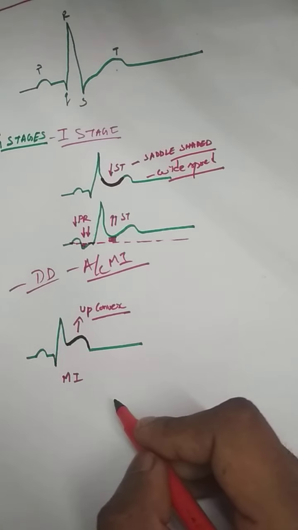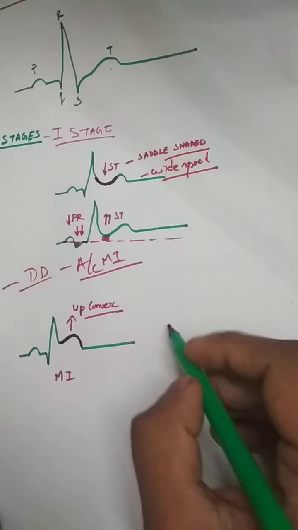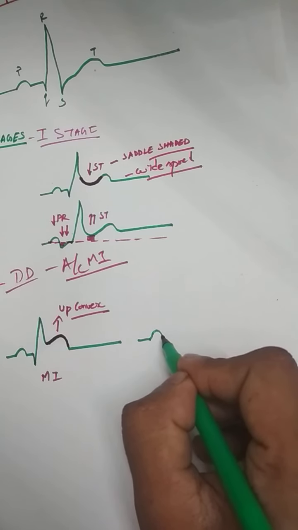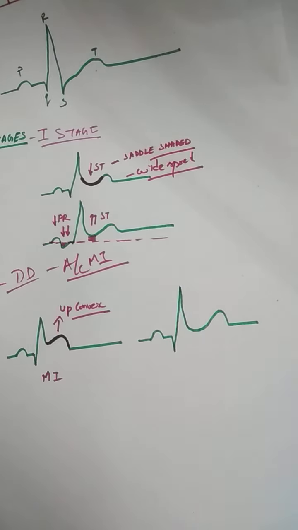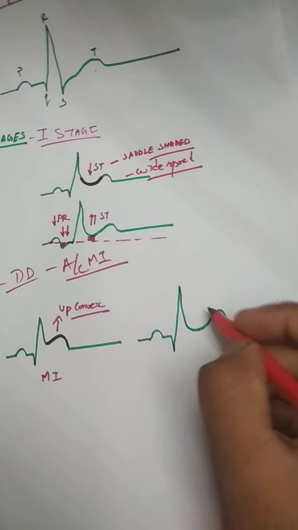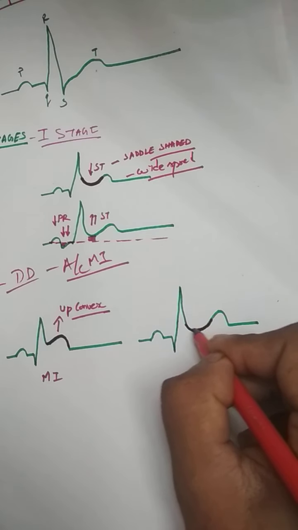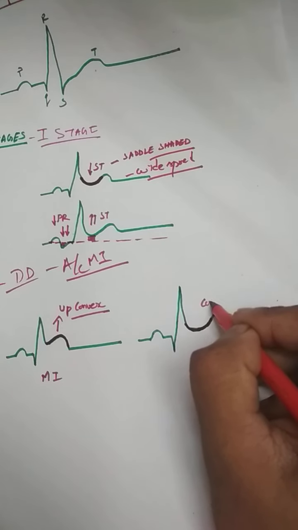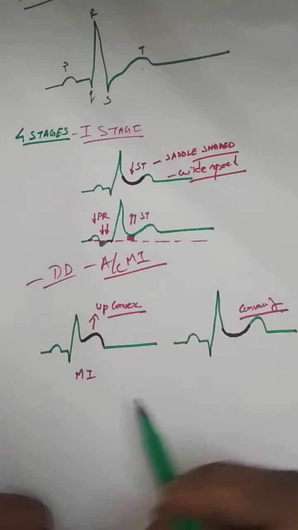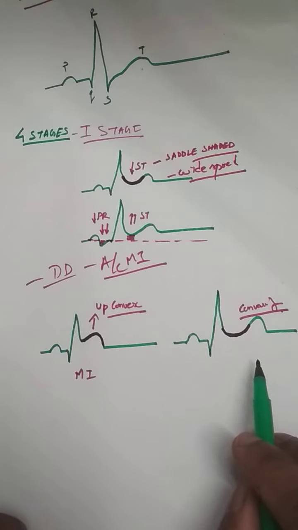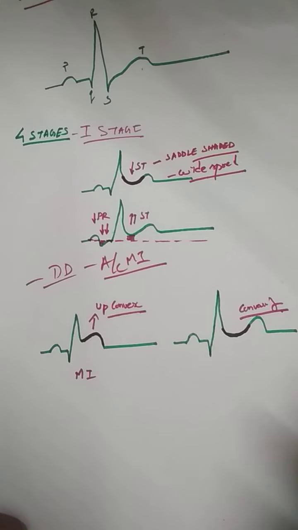But as we have already seen, in a person with pericarditis the ST segment would be elevated, but there would be an upward concavity. So this is how you will differentiate between the ECGs of acute MI and acute pericarditis, because the cardiac markers would be elevated, plus symptomatically both these conditions would be very similar.